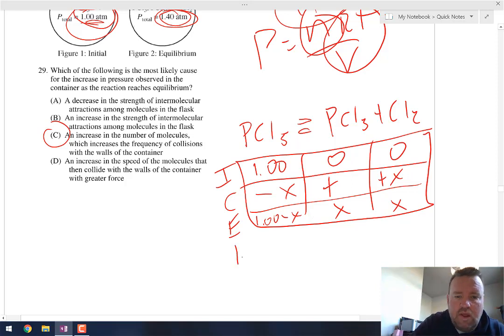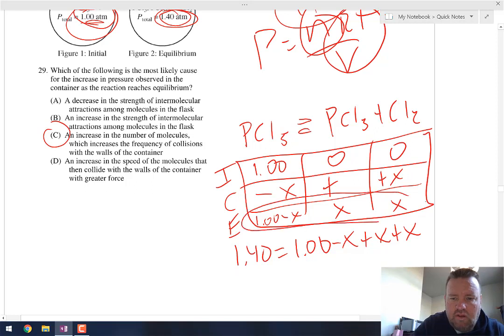So we can say 1.40 is going to equal 1 minus x plus x plus x. So taking all of those and combining them together gives you the total pressure. So that negative x, that positive x cancel each other out. Subtract the 1, x equals 0.40.